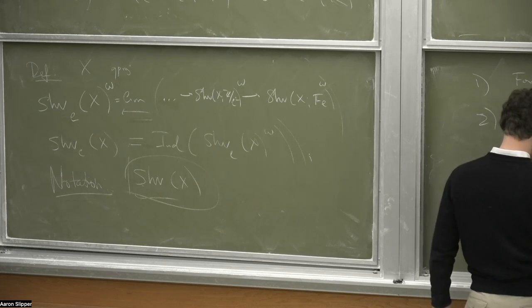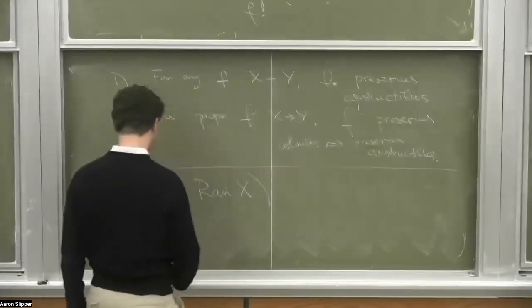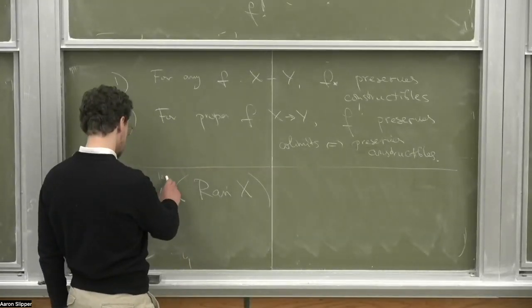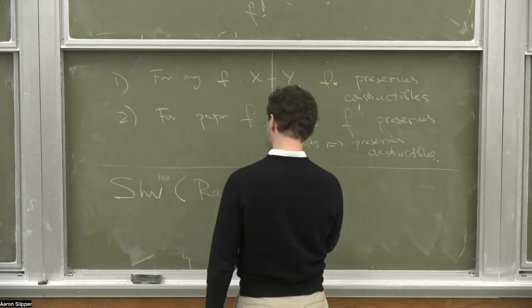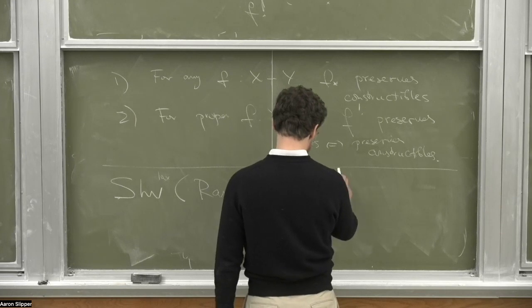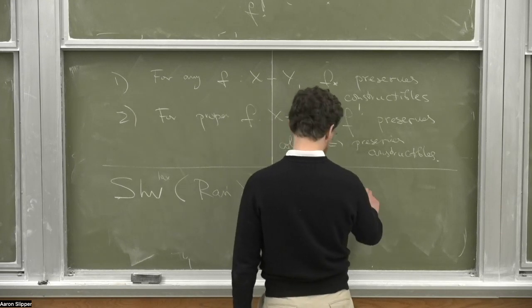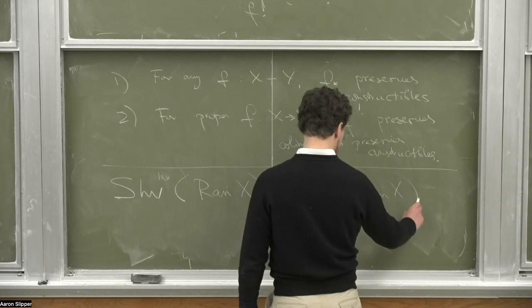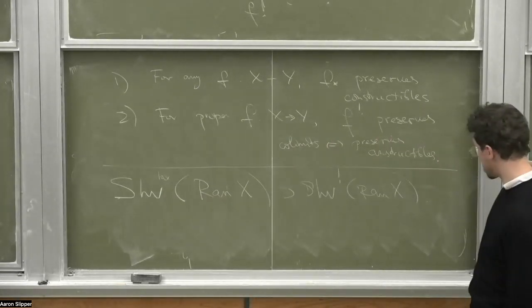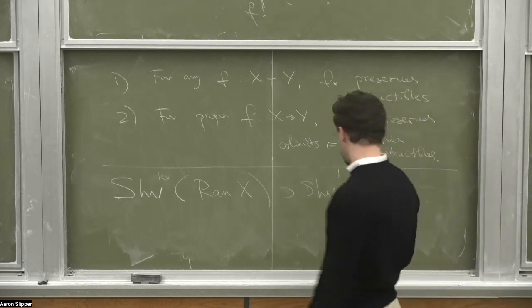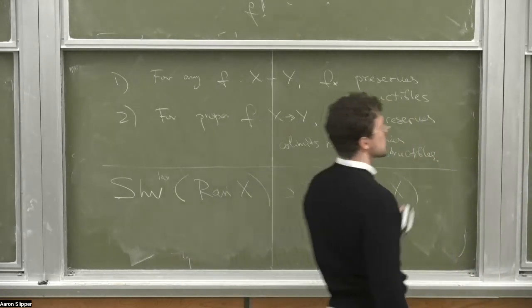Okay, so I'm going to define the gadget called l-adic sheaves on the ground space, and I set it as the category of six-functor shriek sheaves on the ground space. Okay, so the definition goes like this.